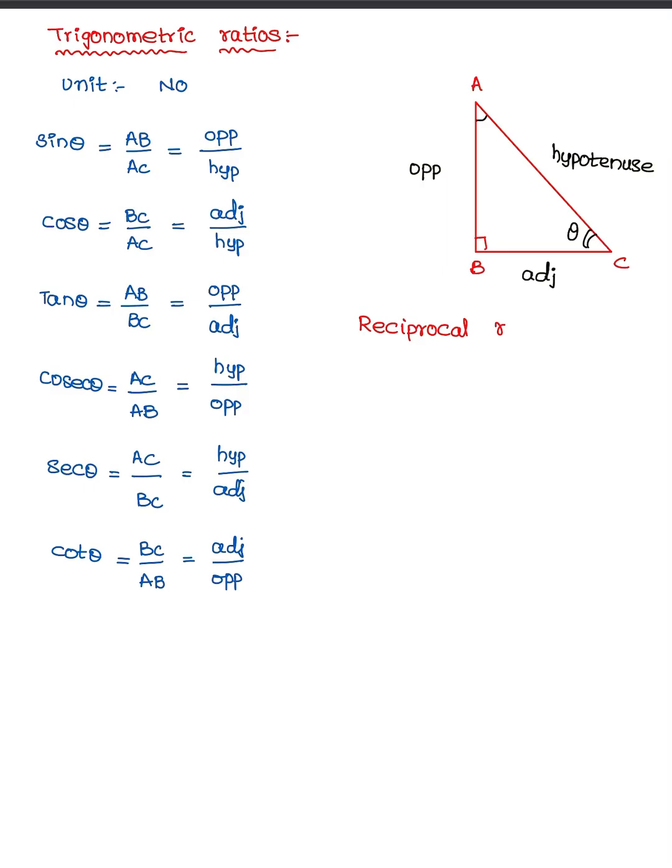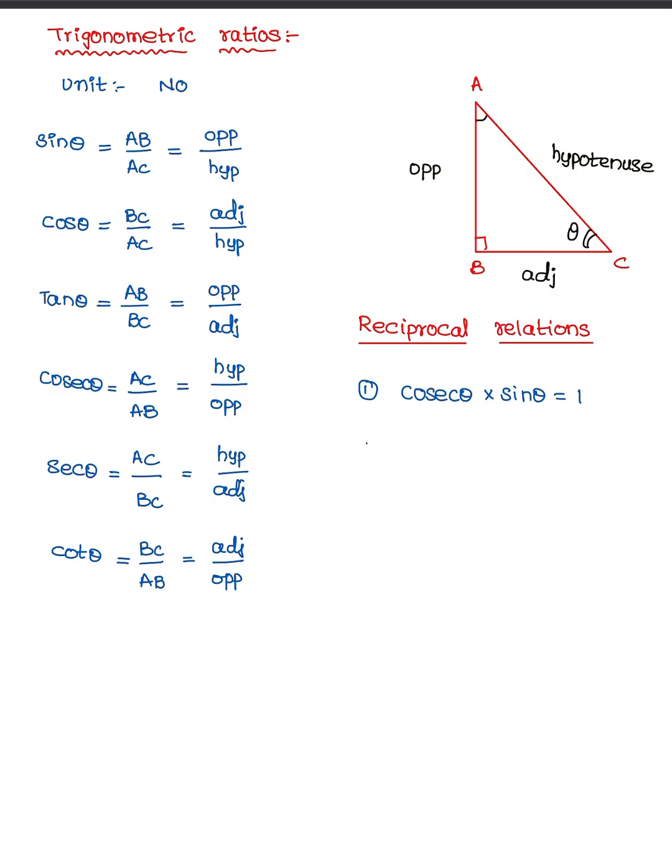In the reciprocal relations, one is the reciprocal of the other. Take sine and cosecant: cosecant theta into sine theta is equal to 1. Both are reciprocals of each other, so cosecant theta is equal to 1 by sine theta, and sine theta is equal to 1 by cosecant theta.